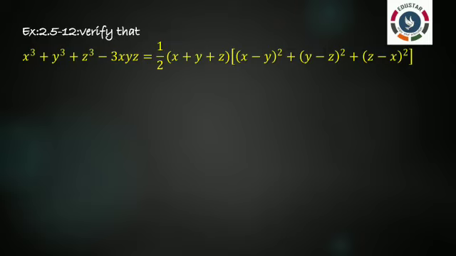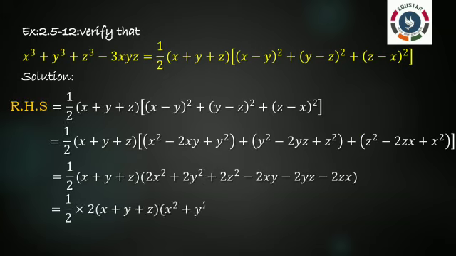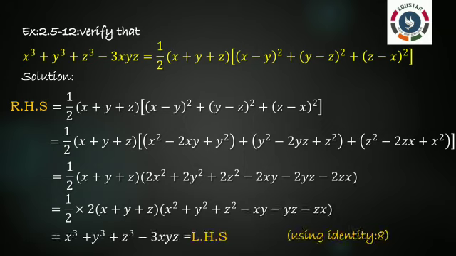On substituting the 8th identity, you will get the LHS of the given question. I have attached the steps, guys, so do it yourself and then check the steps. I hope you guys will do this sum honestly. Okay, now let's move to the next sum.